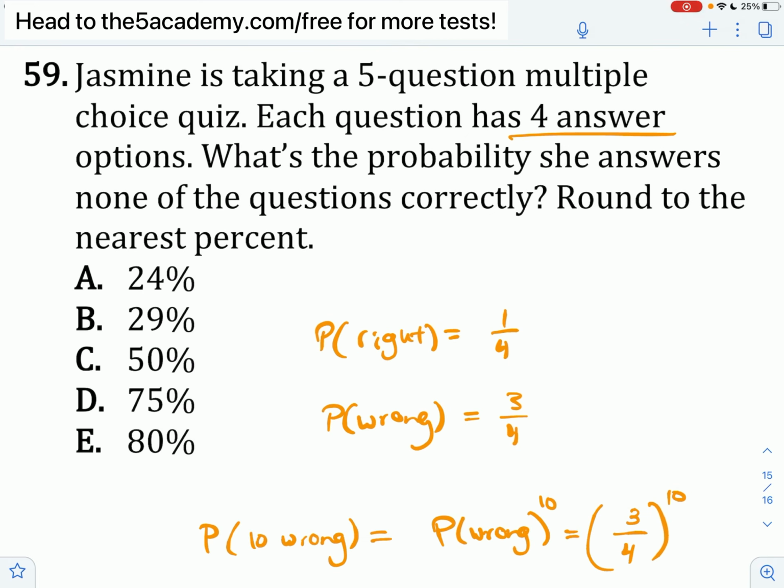Sorry, this is not to the 10th. This is to the 5th. There's 5 questions, not 10. Okay, so 0.75 to the 5th. So it's 0.237. There's a 23.7% chance that you're going to get all 5 of these questions wrong on your test, okay? Which is corresponding to answer option A.